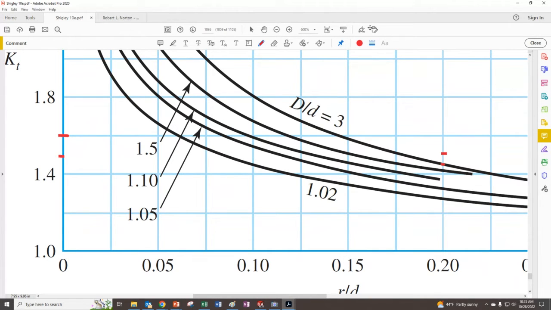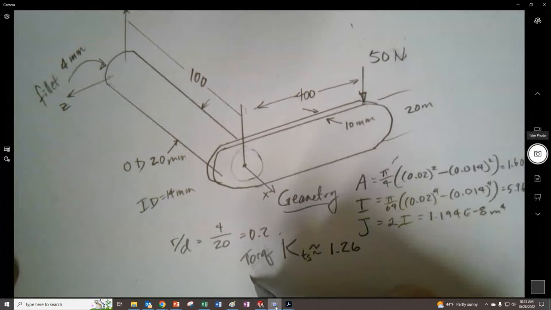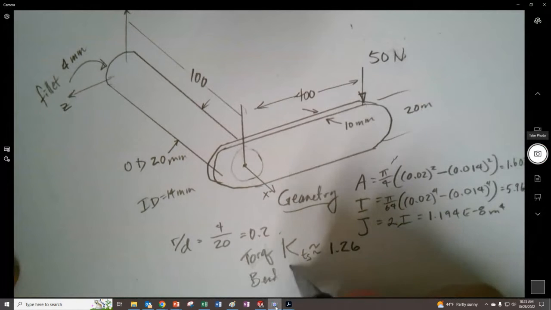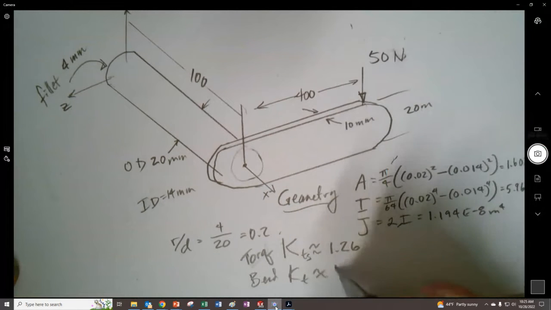Maybe I should have made that mark a little bit better. I'd say we were pretty much at the halfway point, so I'm going to call that 1.45. So for the bend, the K_t is approximately 1.45.